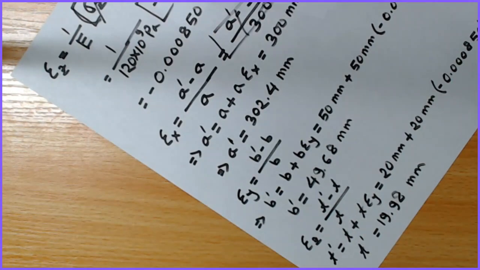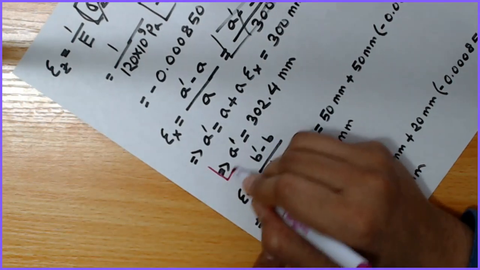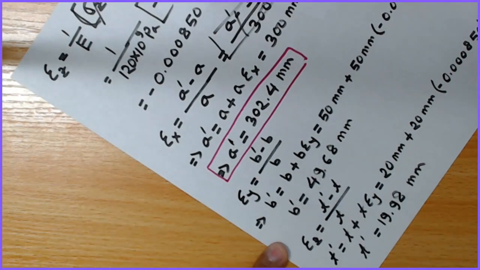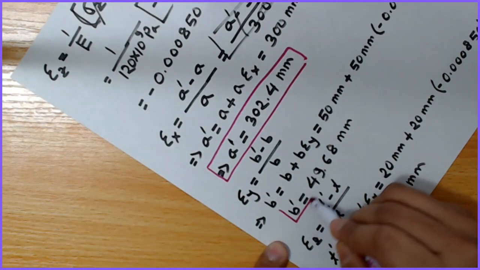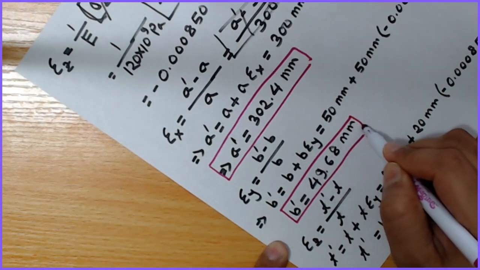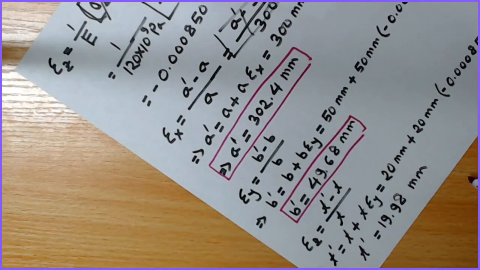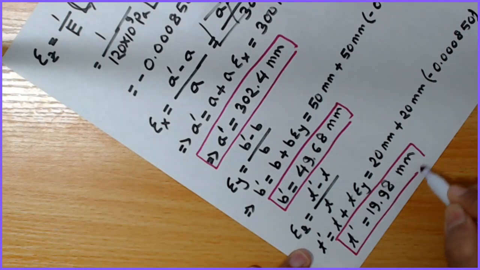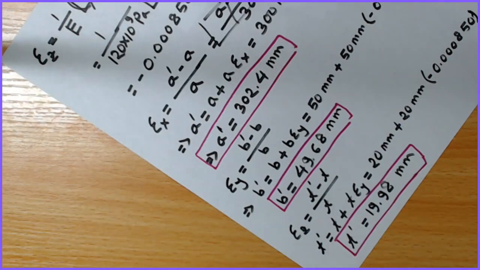So these are the three new numbers we got. The new length is 302.4 millimeter, the new width is 49.68 millimeter, and the new thickness is 19.98 millimeter.